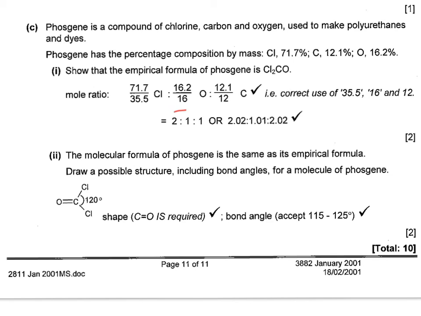So we got 2 to 1 to 1, and we did it by the correct calculations. We got our 120-degree bond angle, and we drew it in the correct shape. So that means it's drawn as trigonal planar.